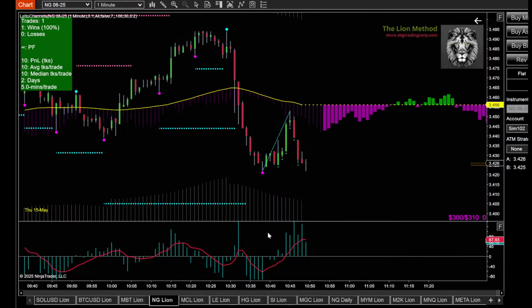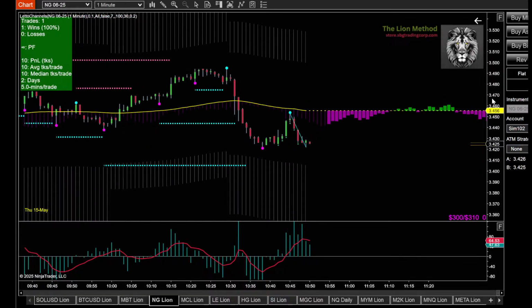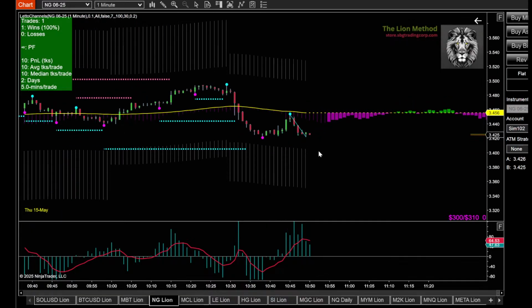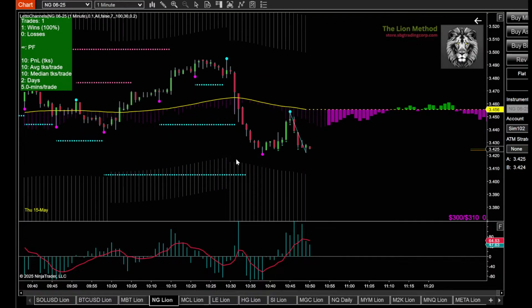Natural gas, you might see this as a short trend trade, but we don't have a lot of distance to the 90-10 line. Leto channels is based on a statistical scientific approach to calculating overbought, oversold. This 90-10 line, the top of this channel area, tells us that only 10% of the time does price exceed that distance from the 100 moving average.